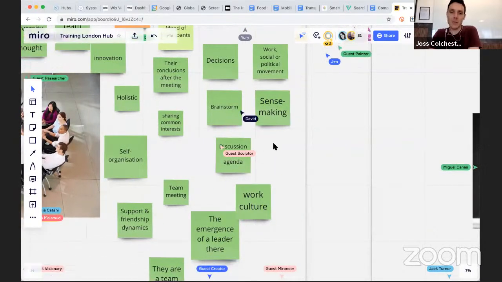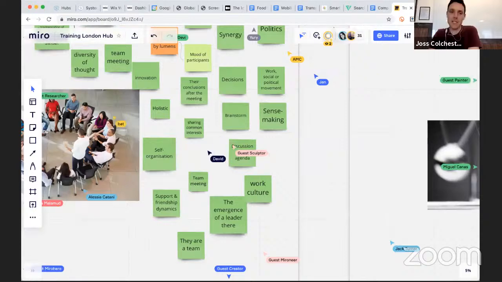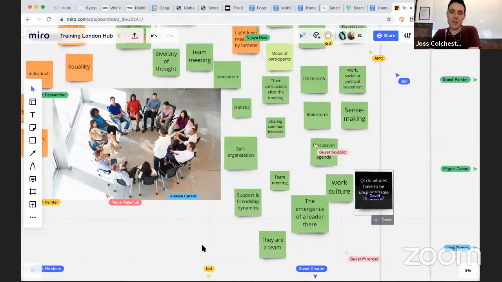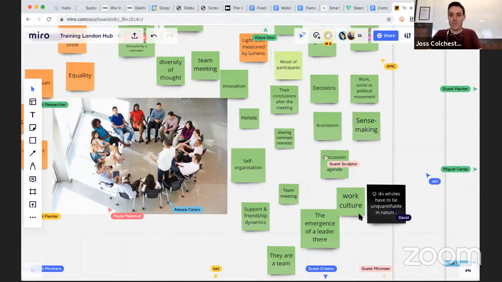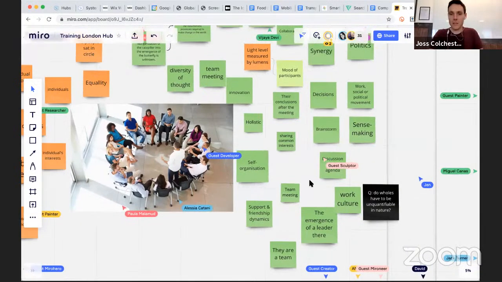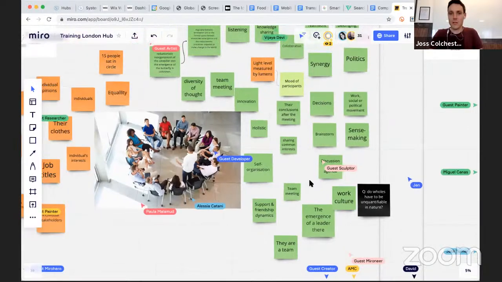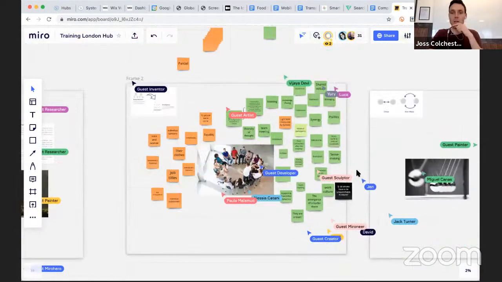Collective sense making would be an interesting one. How are they going to make sense together of something? Work culture, the emergence of a leader there, their team meeting, sport and friendship dynamics. Okay, great. Holistic, sharing common interests, their conclusions after the meeting.